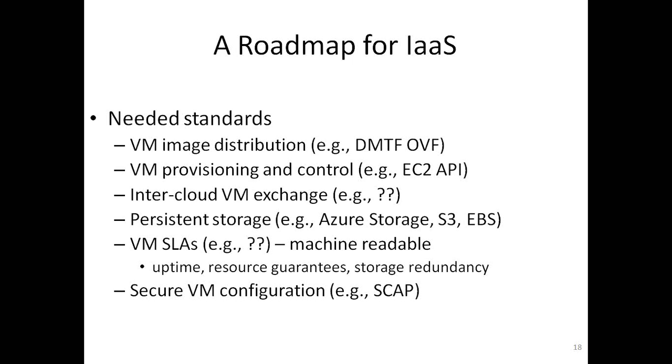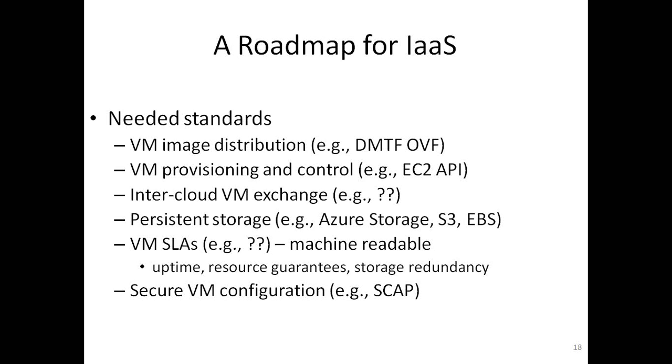As a roadmap for IaaS, the needed standards could start with virtual machines, such as virtual machine image distribution. For example, DMTF, the Distributed Management Task Force, is the industry organization leading the development, adoption, and unification of management standards. It has OVF, the Open Virtualization Format. This is a packaging standard designed to address the portability and deployment of virtual appliances.